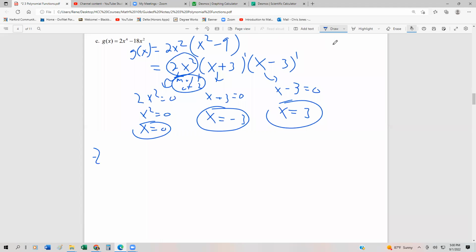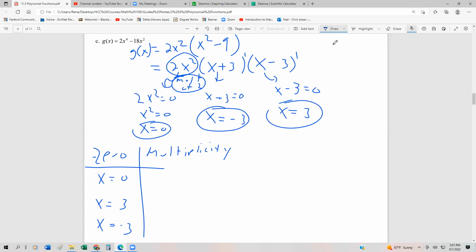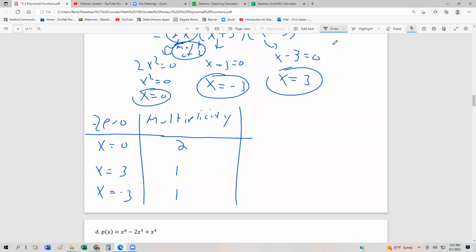Okay, so again, we have our table, we have x equals 0, x equals 3, x equals negative 3. Doesn't matter which order. Multiplicity is going to be 2, 1, and 1 respectively. And remember, when the degree or the multiplicity is even, that means it's going to be a turning point.